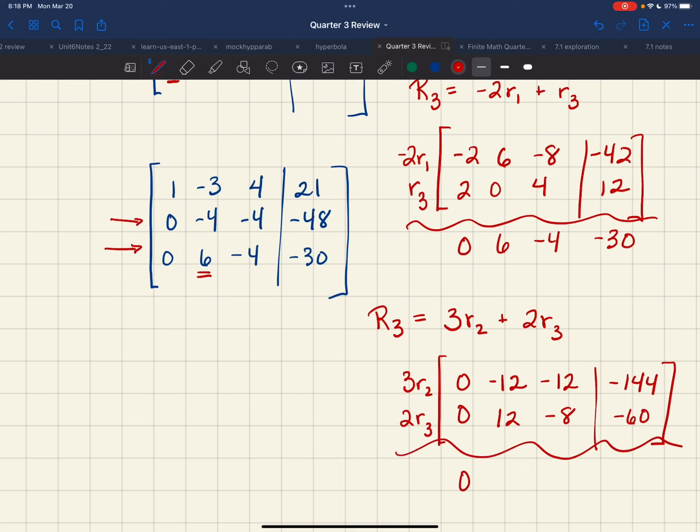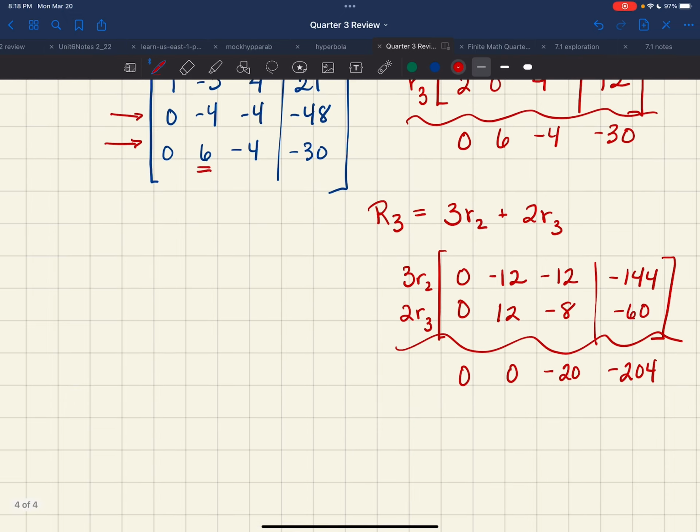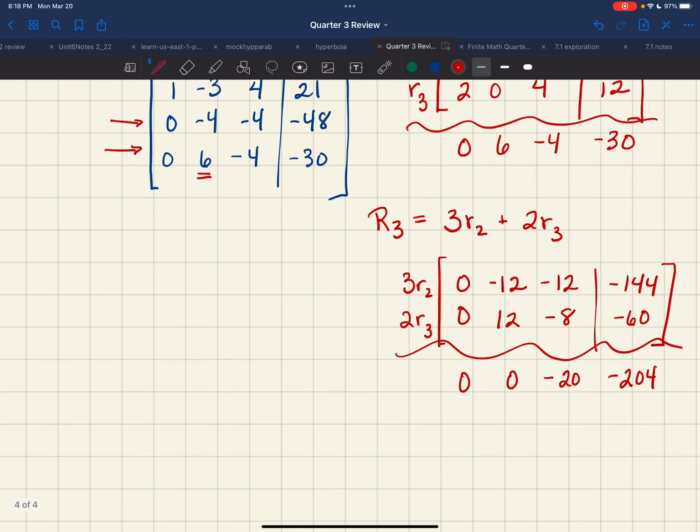So I have 0, 0, negative 20, and then negative 204. Right, so I have 60 plus 144. All right, so now this is my row 3.